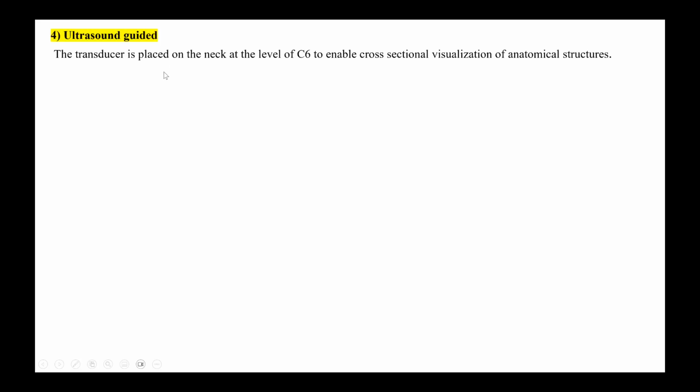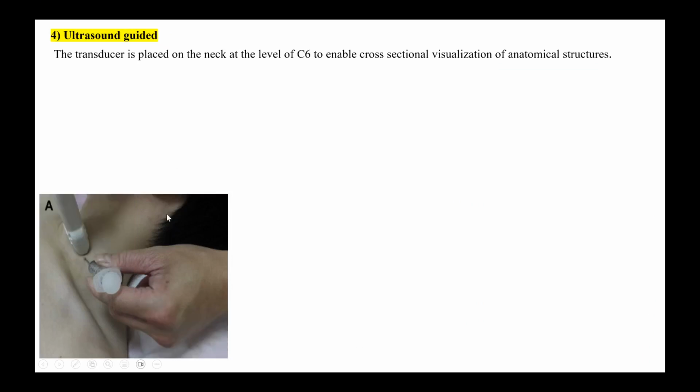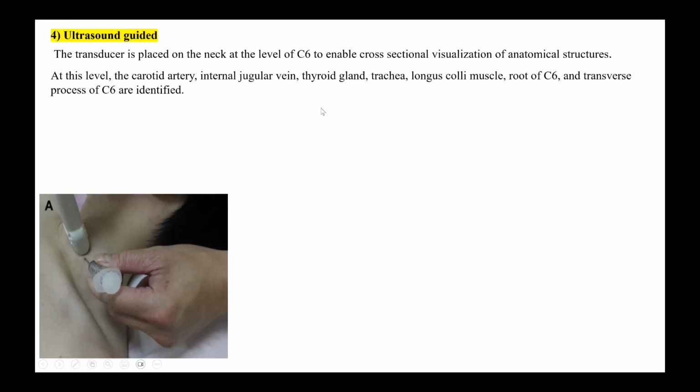The easiest and most commonly used technique nowadays is ultrasound guided. The probe is placed at the neck at the level of C6 to enable a cross-sectional view. This is the ultrasound probe which is being used, and you are using the needle. The patient's head is turned to the opposite side, and this is the in-line insertion.